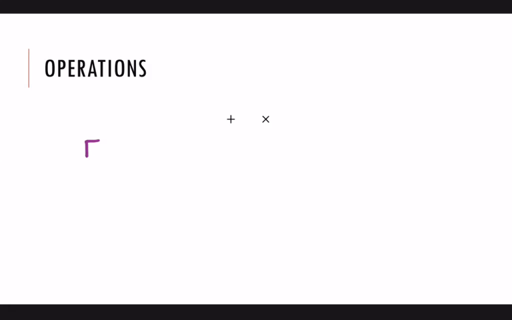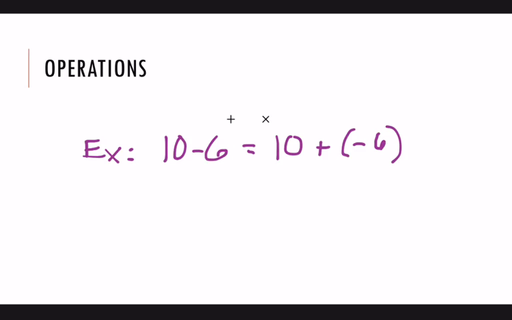So for example, if you think about the subtraction problem 10 minus 6, really, that could be thought of as 10 plus negative 6. So every subtraction problem can be rewritten as an addition problem with a negative number. If you look at division, 12 divided by 4, if you remember your rules for dividing with fractions, that's the same as 12 times 1/4.